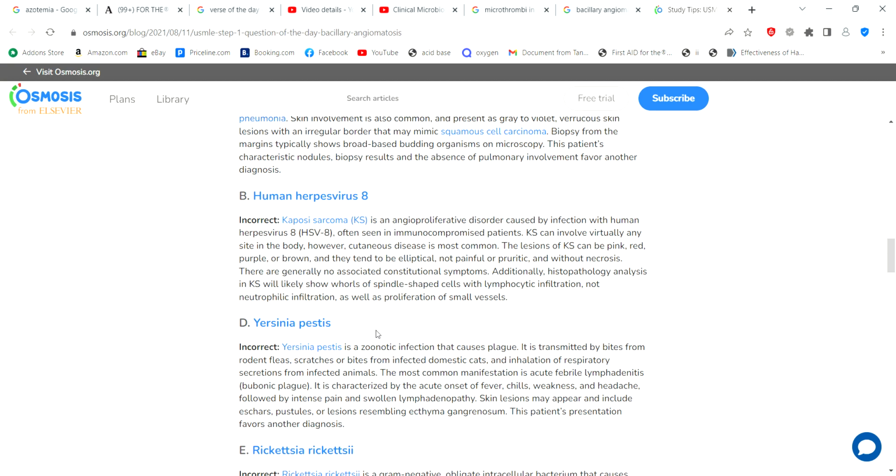Let's see. The difference between Bartonella, bacillary angiomatosis. In bacillary angiomatosis, you see neutrophils and lymphocytes.